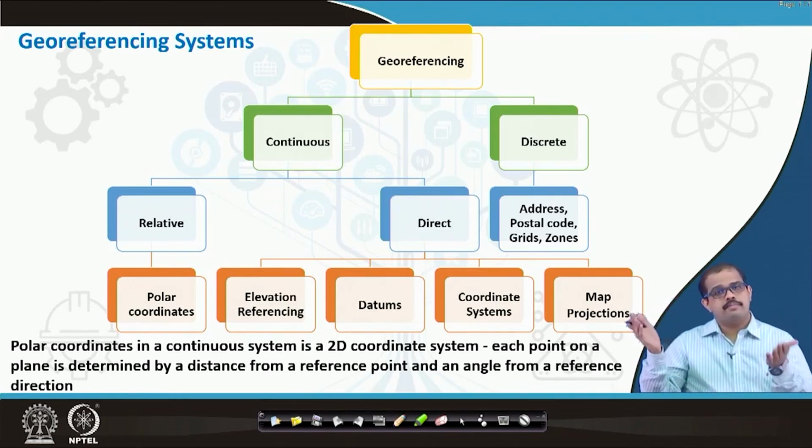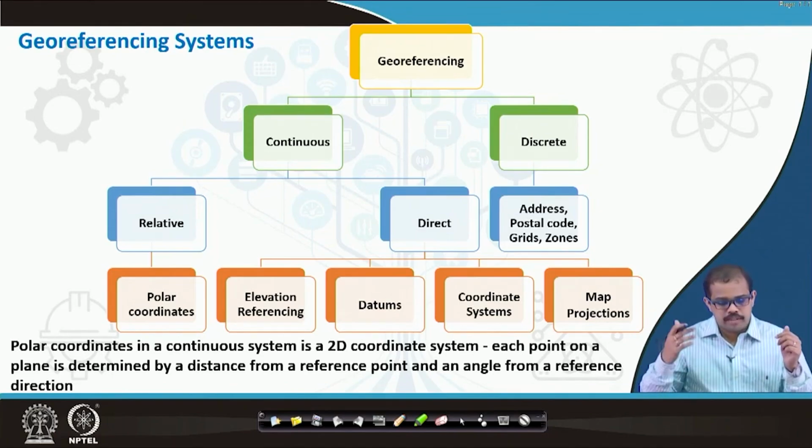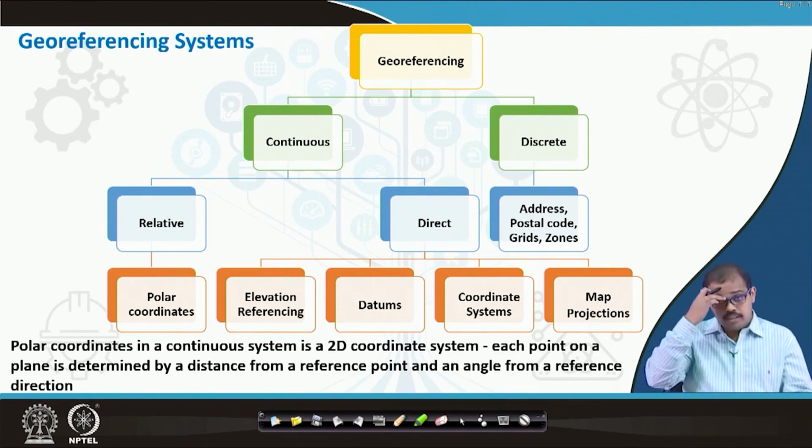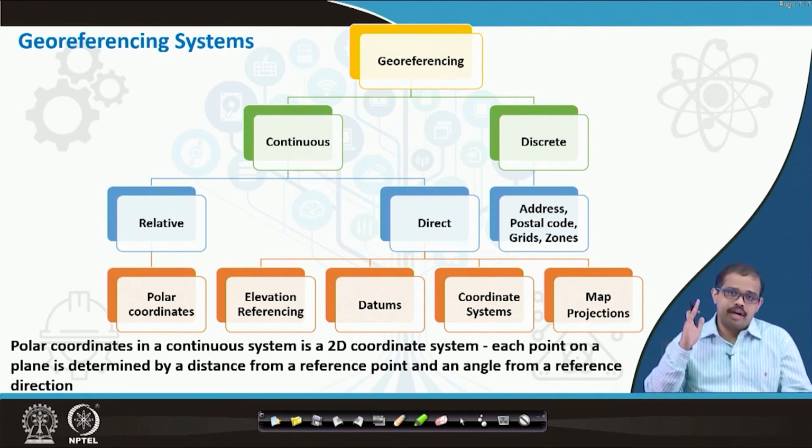So discrete is basically the representation that you have given in the form of address, pin codes, etc. When you look at continuous, you have two types, relative and direct. And when you look at direct, we have elevation referencing, datums, coordinates, and map projections. So all of these things have to be looked at, and you have to be extremely careful when you are handling all of these systems.